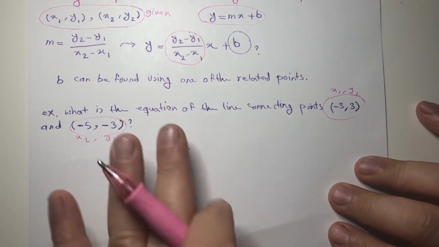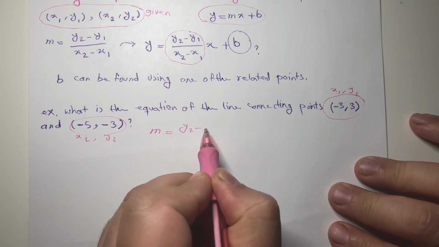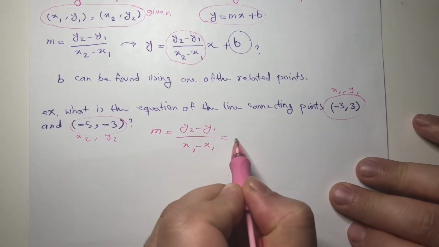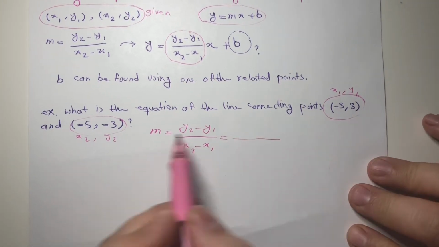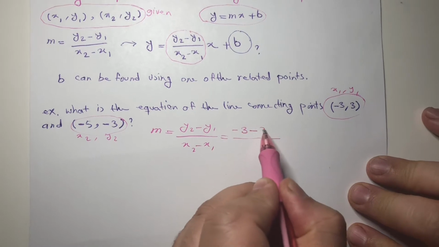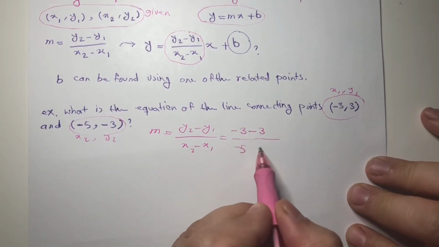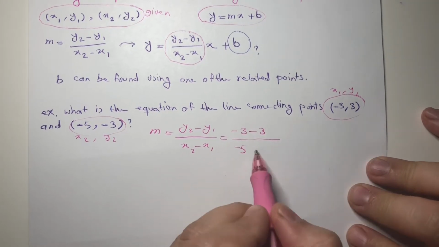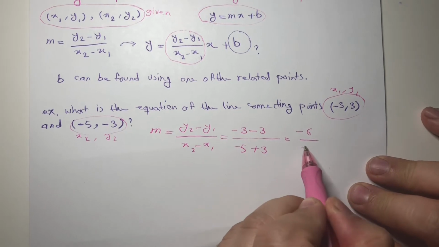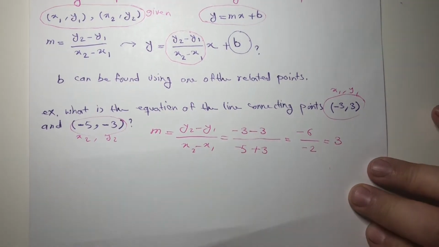First of all, we find the slope. m equals y2 minus y1 over x2 minus x1. y2 is -3 minus y1, 3. x2 is -5 minus x1, which is -3, so +3. Then it would be -6 over -2, which is 3. So this is the slope of the line.